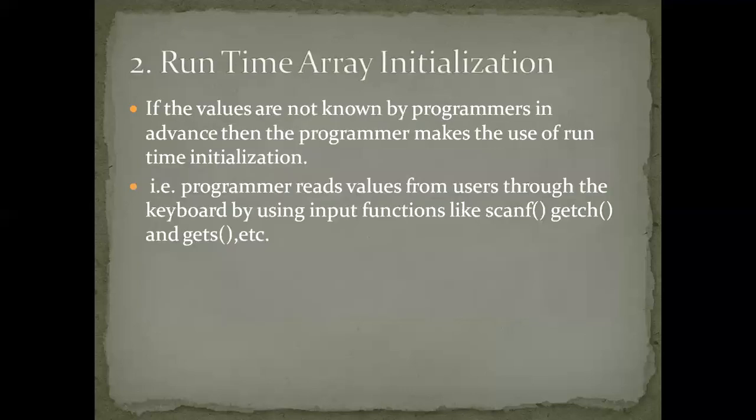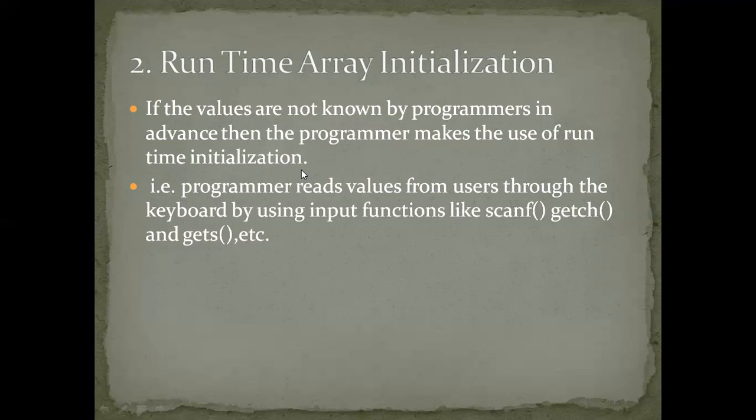The second kind of array initialization is runtime array initialization. How it works: if the values are not known by the programmer in advance, then the programmer makes use of runtime array initialization.